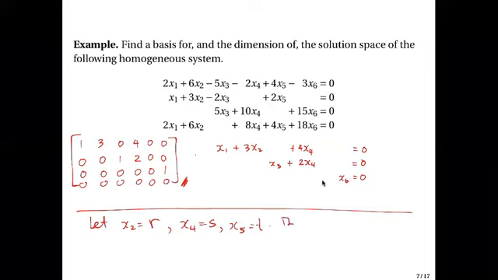Then we have x1. This is equal to, so we bring this to the other side, and then this guy here also to the other side. So x1 equals negative 3r minus 4s.